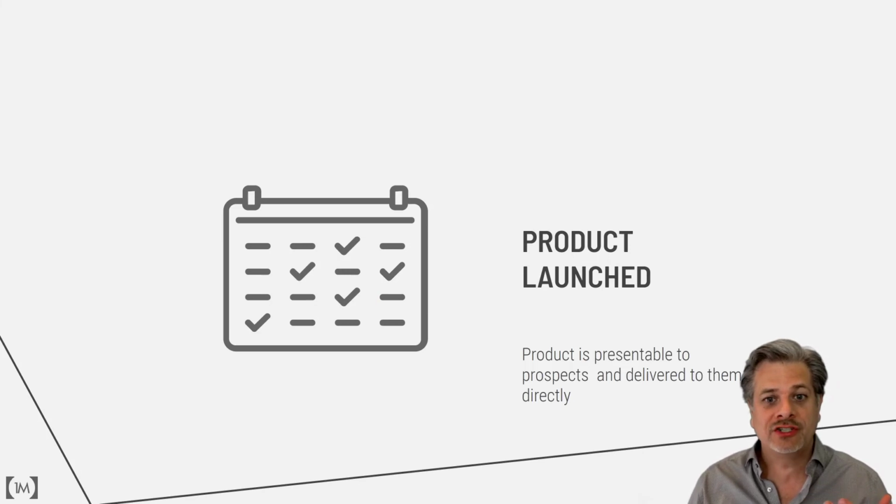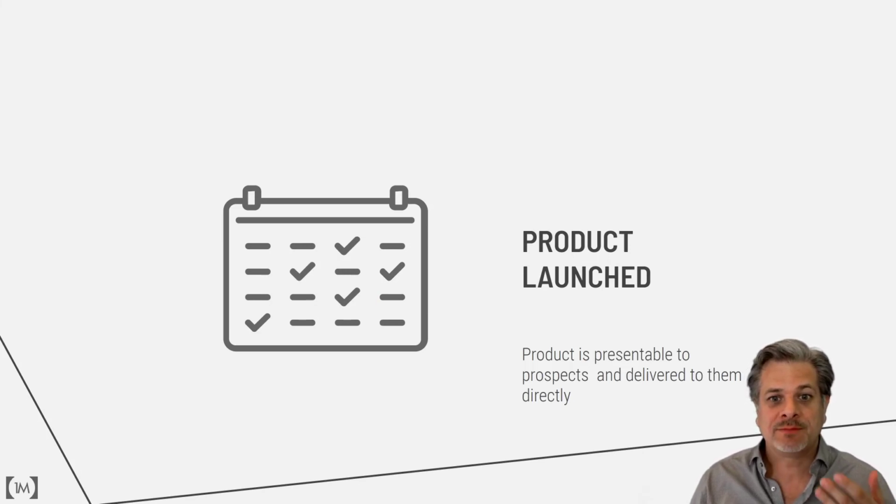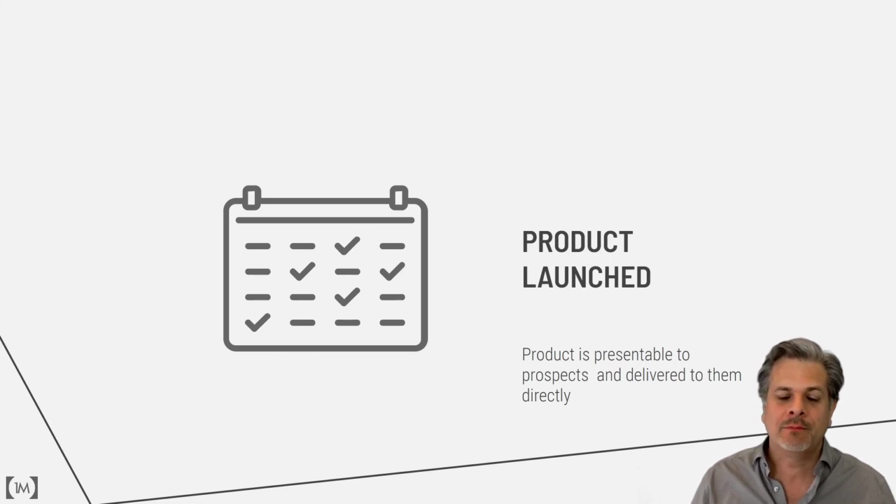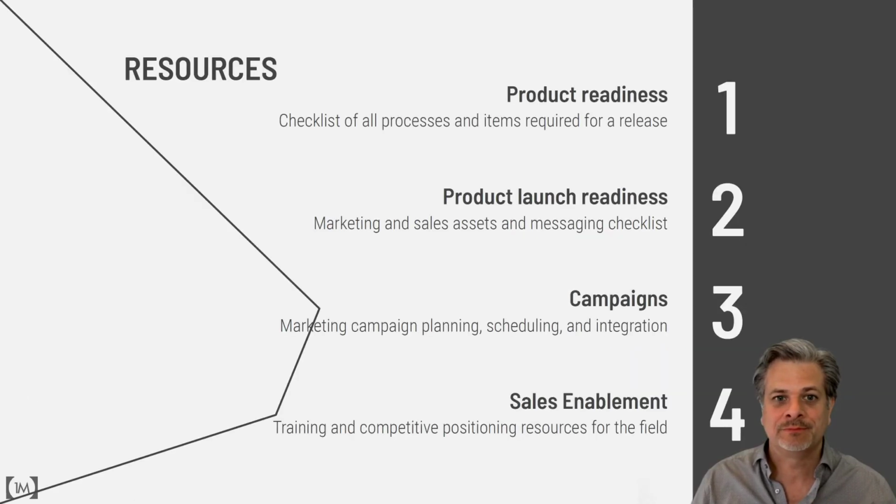So when the product launch happens, it's presentable to prospective customers, it's ready to be delivered, it's ready to be sold, it's ready for a PO to be issued, and customer service is ready to service that product. So you see the difference there. Product completion does not mean that customer service is ready to answer the phone when they call, because there's a bunch of other variables in here that you need to understand at those two stages.